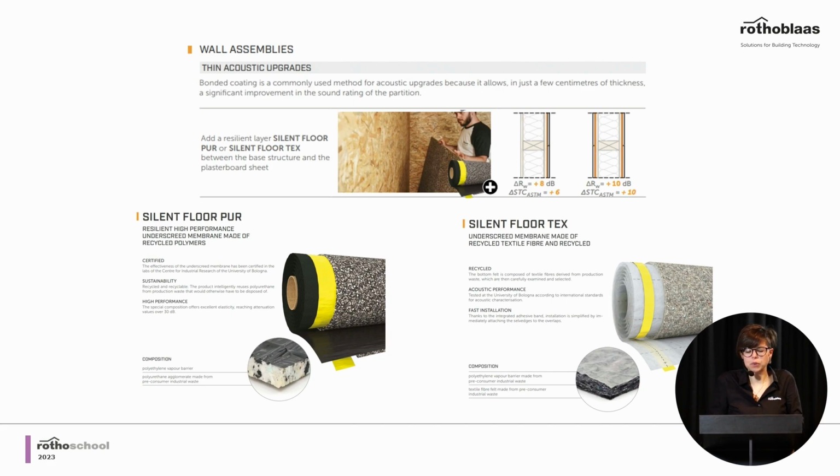In this case, for example, you can see a solution in which we have added a resilient material like our Silent Floor Pur or Silent Floor Tex to a plasterboard panel. What happens in this case is that the plasterboard panel vibrates, but the vibration cannot propagate to the timber structure, because we have a resilient material that dissipates this vibration, and therefore the propagation of the sound.